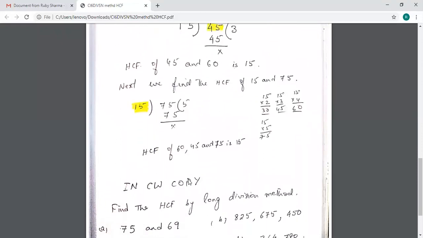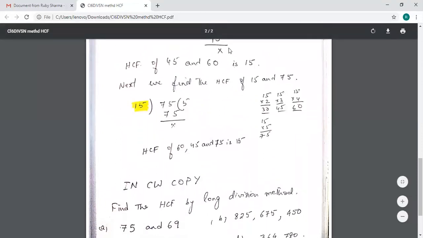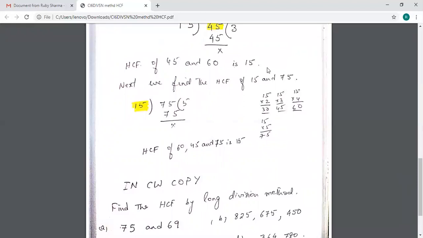Now there's another number left. There were 3 numbers, isn't it? So when we get the highest common factor of 45 and 60 to be 15, now we have to find out the HCF of 15 and the last number, 75. And here we see 15 directly goes 5 times: 5 5s are 25, 5 carry 2, 5 1s are 5, 6, 7. Isn't it?